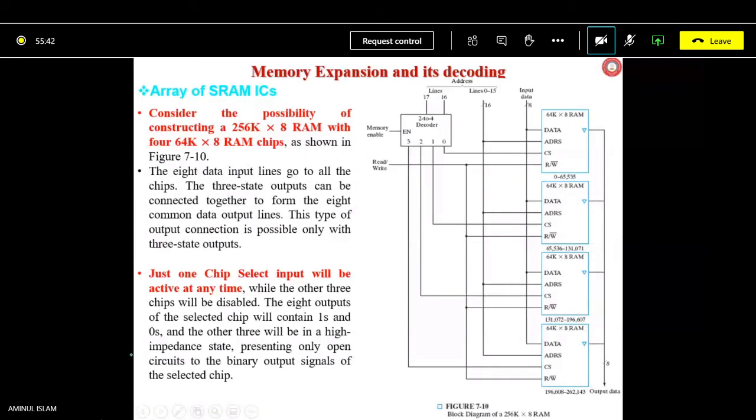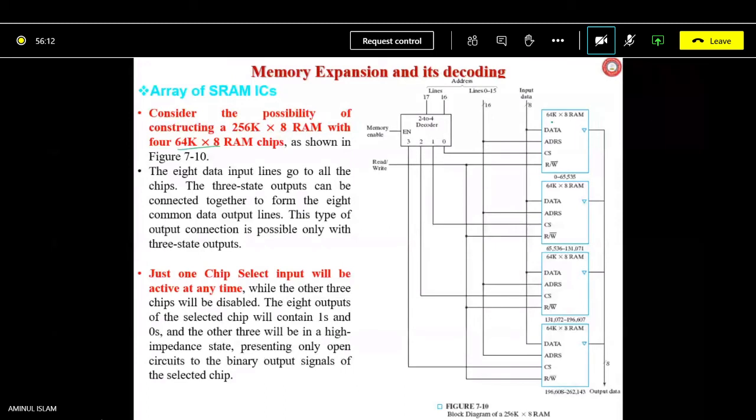Here you have some smaller RAM chips having 64K by 8. 64K by 8, understood? K by 4 RAM is understood, no? Now you are using that and you are going to make a 256K by 8 RAM. So 4 chips are required here, and they have been connected in this way. A decoder has been used.